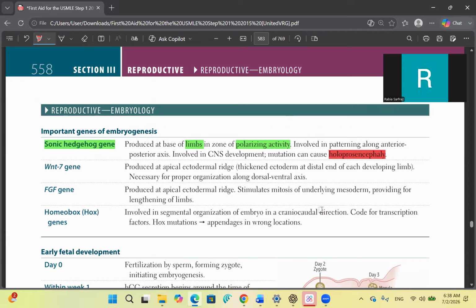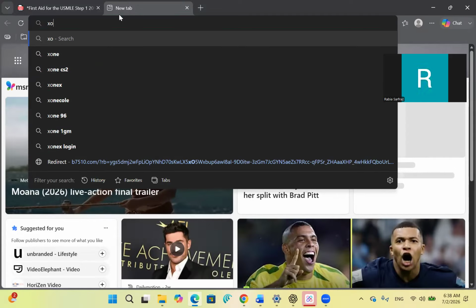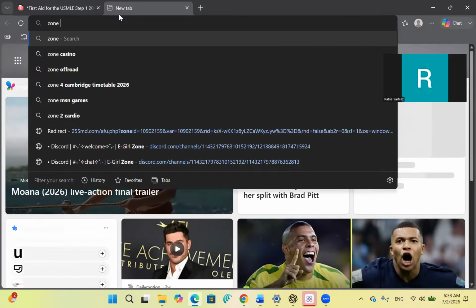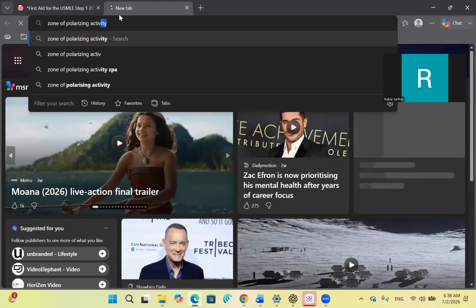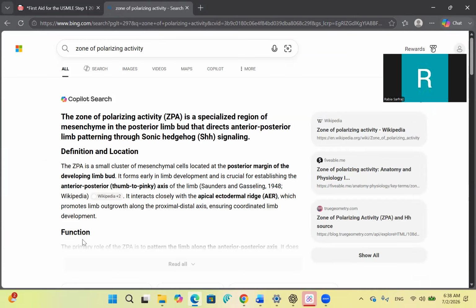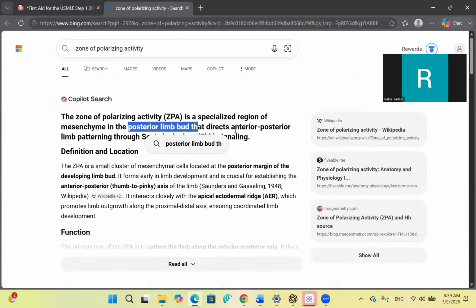Okay, so we have to see what the zone of polarizing activity is. Special region of mesenchyme in the posterior limb bud that directs anterior posterior limb patterning through sonic hedgehog.